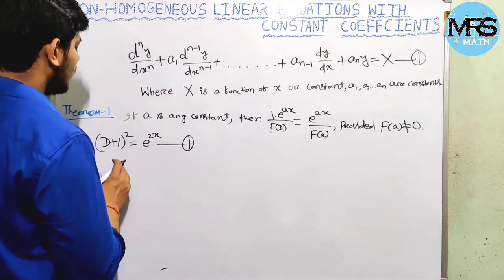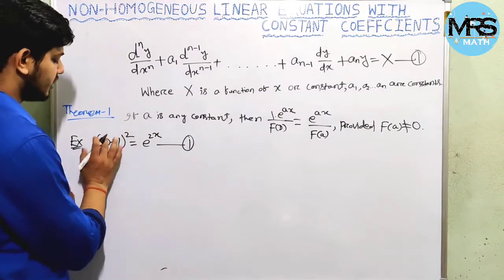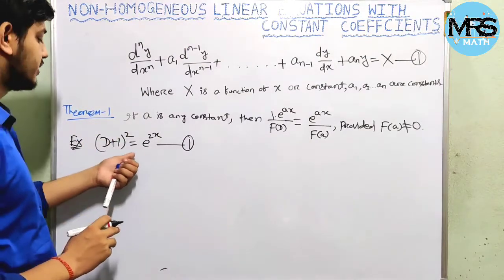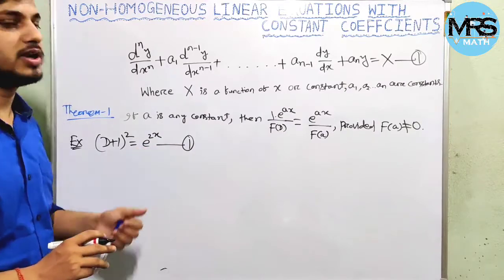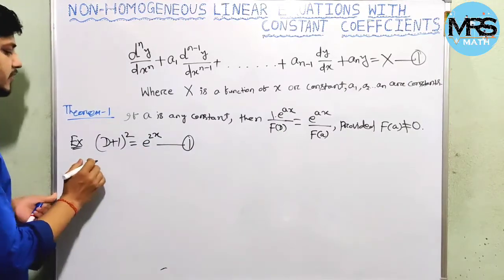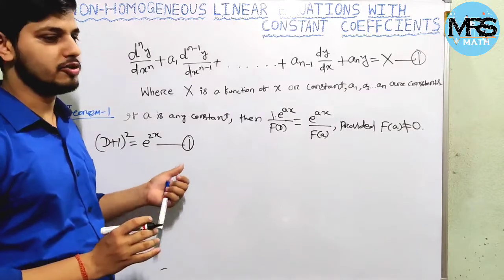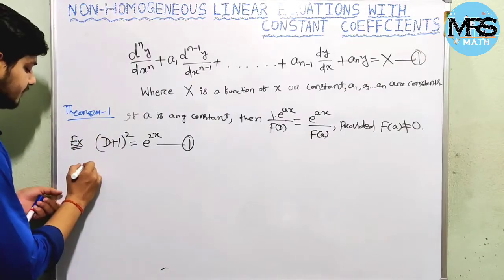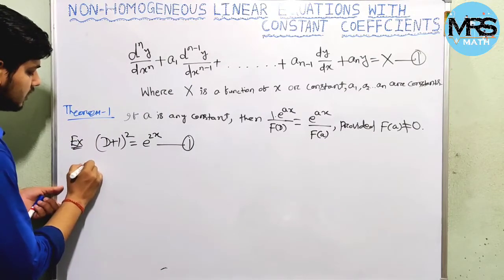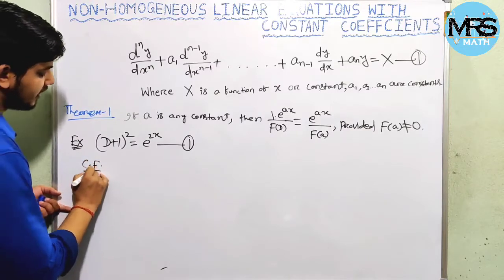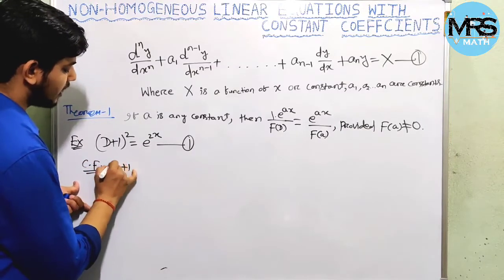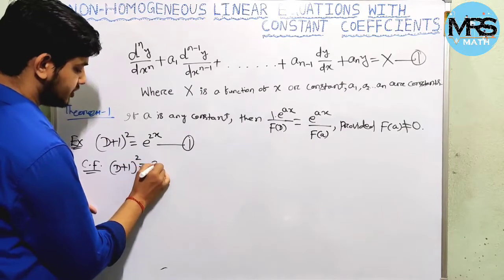After that we will take the sum of these two to get the general solution, right? So we know how to get the complementary function, that means this side we take as 0. That part I should leave it for you, but I am trying to do it. For the complementary function, d plus 1 whole square is equal to 0 we will take.